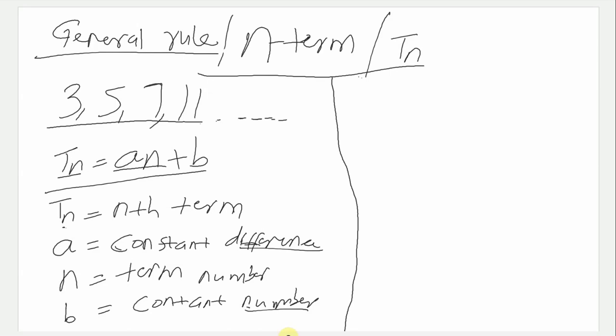Don't forget, this is T1, T2, T3, and T4, up to the last term, which is Tn. So I have T1, which is equal to 3.